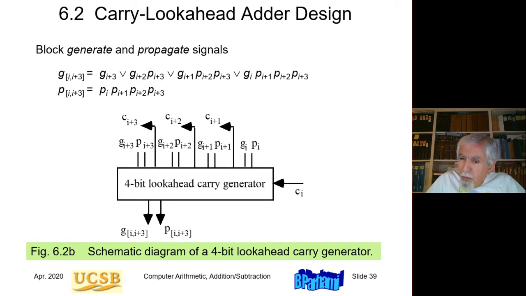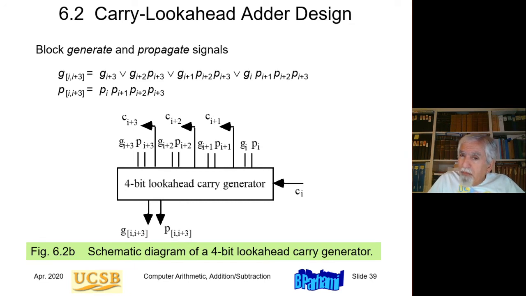Now the propagate signal for the block is easy to compute because you see at the top of the slide, P i to i plus 3 is simply the logical AND of Pi, Pi plus 1, Pi plus 2, Pi plus 3, meaning that this block will propagate an incoming carry if and only if all 4 positions in the block propagate the carry.